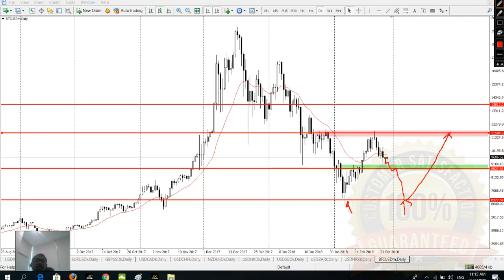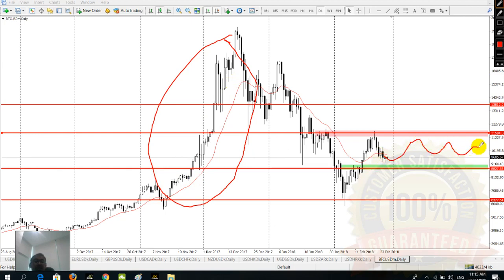It's going to be a slow movement. We may not see the hype that we had over here in the very near term, because this was a bullish uptrend, but now we are going into range mode.